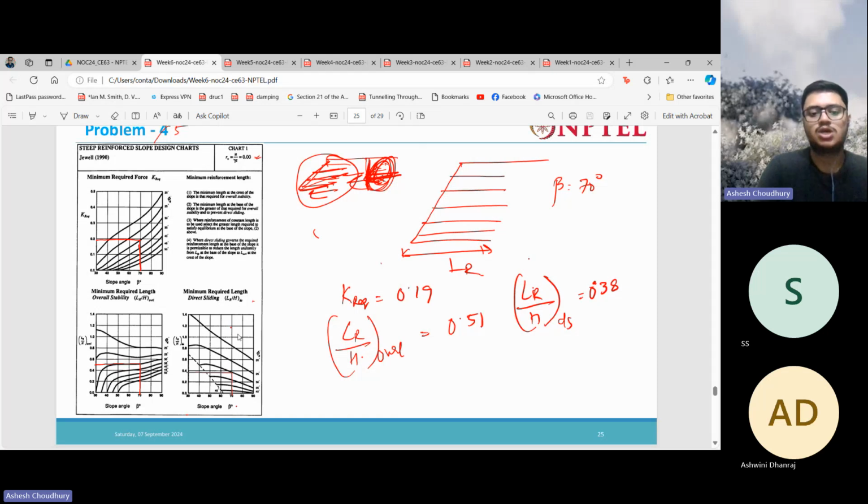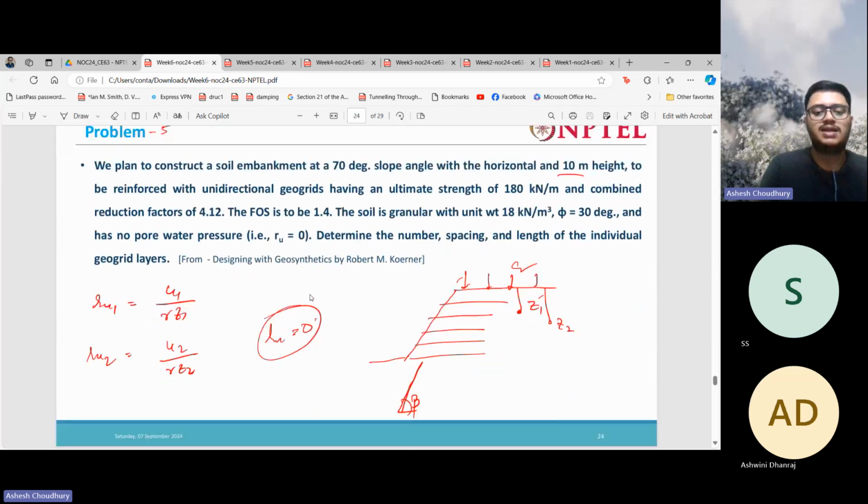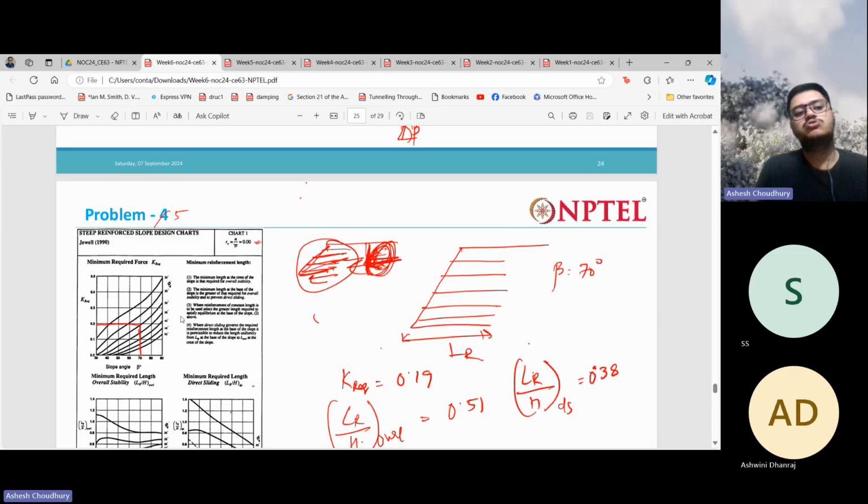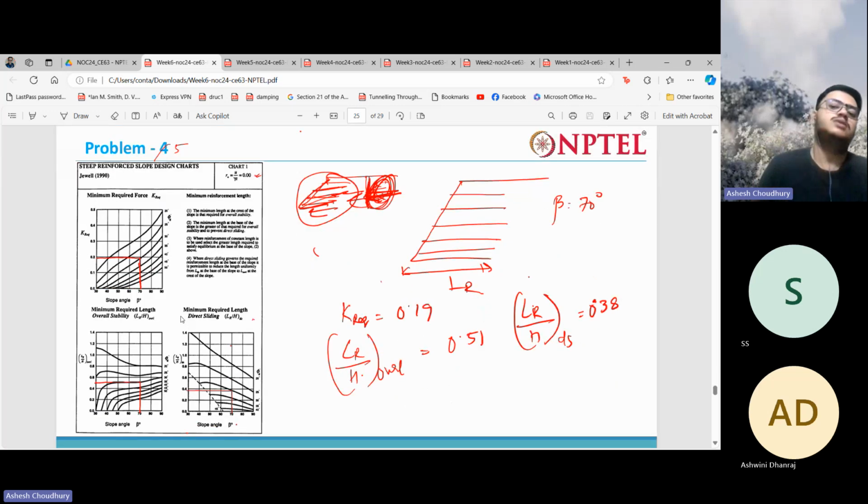We also used it to choose the length of the reinforcement, or to design the retaining wall, not retaining wall, reinforced slope. Jewell's method is a very direct graphical method that you can use to design the reinforcement for steep reinforced soil slopes.